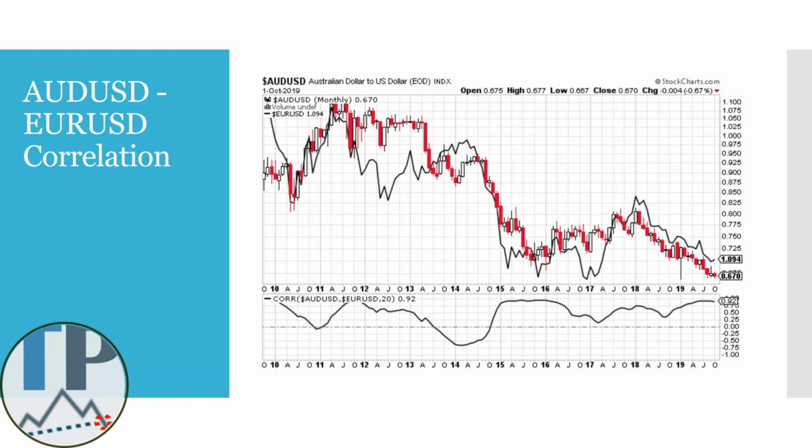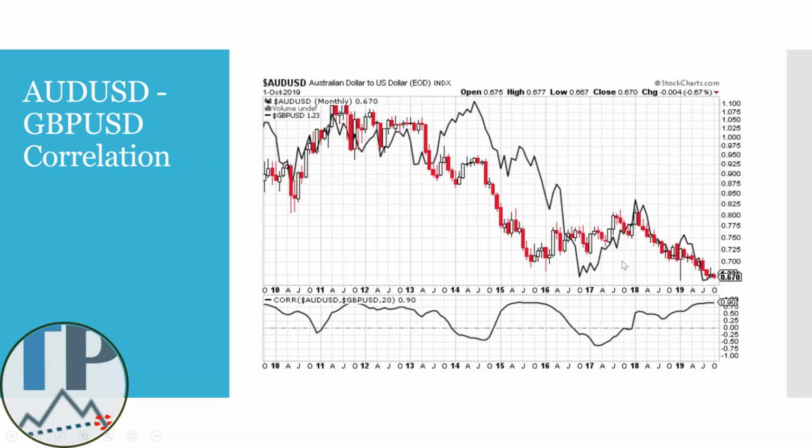So once again, the point I made on the previous slide, that highly positive correlating regions within the correlation table would generally coincide with periods of economic data that impact the US economy and which drive both the Aussie US dollar and the Euro US dollar to behave in similar ways.